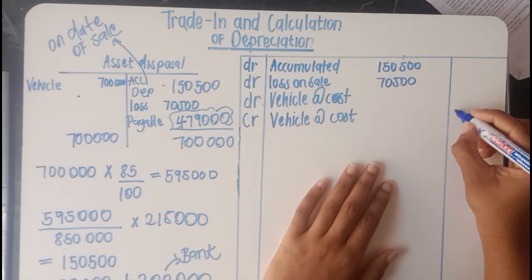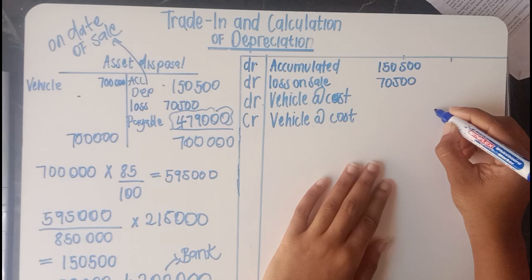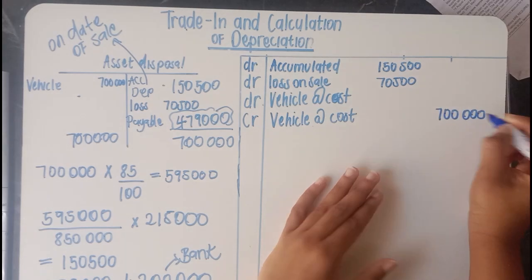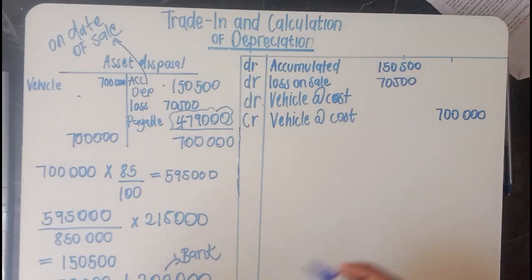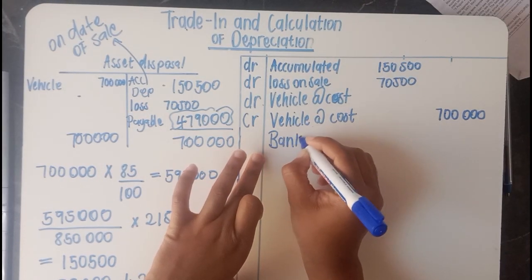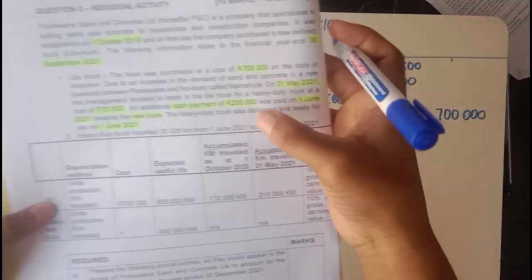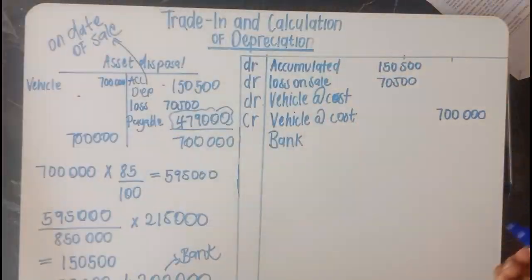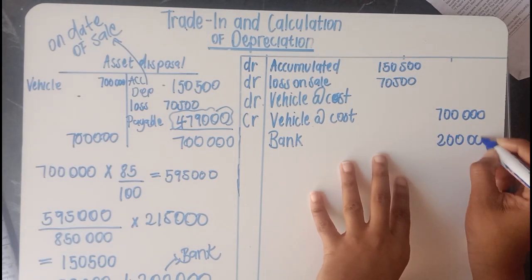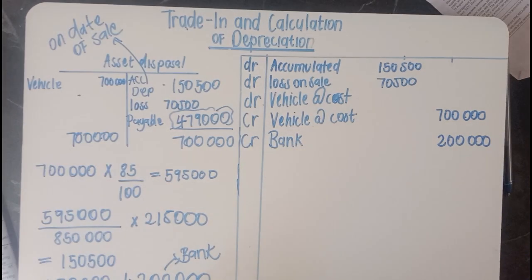So you're going to have 700,000, right? And then because you paid the bank amount, an additional payment, they did say an additional payment of 200,000, what are you going to do? You're going to credit it, because bank is an asset, and when you're paying, it's credited.